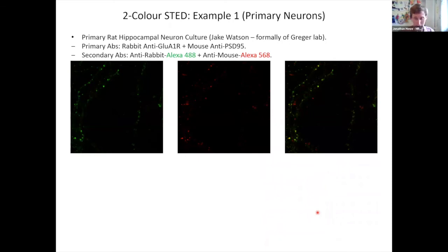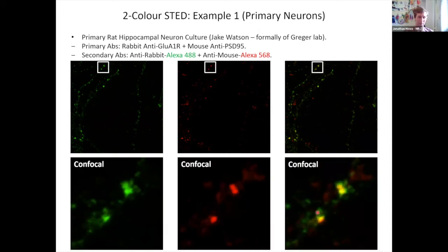To demonstrate that you can do multicolor STED, I've got an example here from Jake, formerly of the Gregor lab. This is an image of rat hippocampal neurons, which have been labeled with 2 antibodies directed against 2 proteins, both of which locate to the postsynapse. And what you can see, hopefully more clearly in the blow-up, is that in the confocal image, there's a lot of overlap between these two proteins.